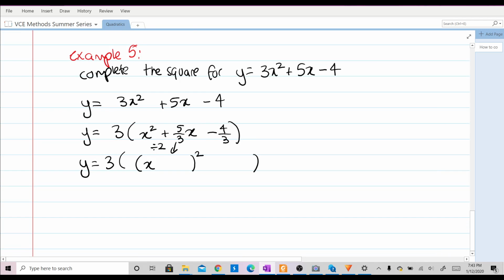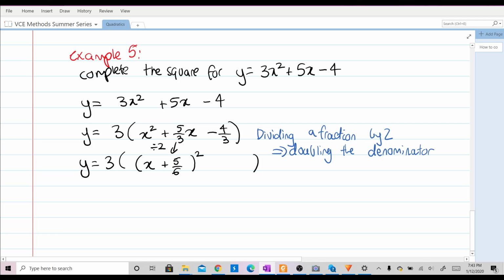Now as a trick, dividing a fraction by 2 is the same as doubling the denominator. So 5 on 3 becomes plus 5 on 6.